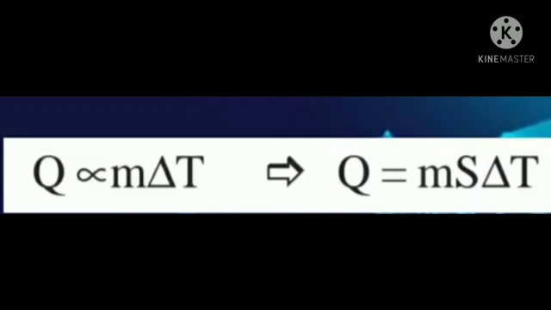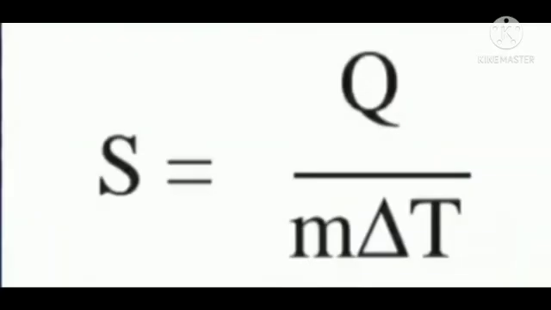Q equals m s delta T, where s is constant for a given substance. This constant is known as the specific heat of the substance. Here s, the specific heat, equals Q by m delta T.